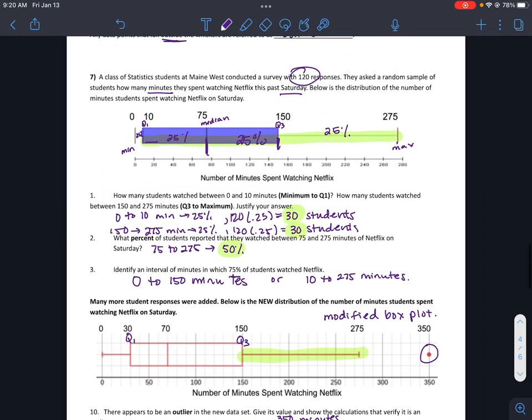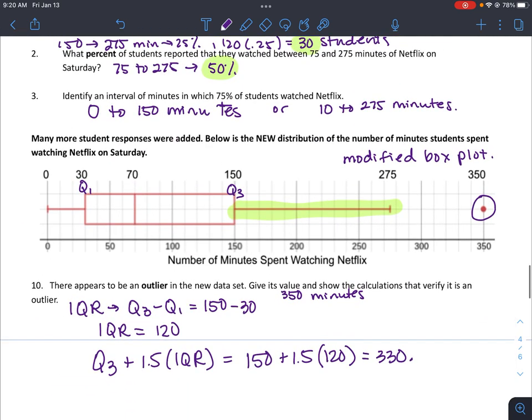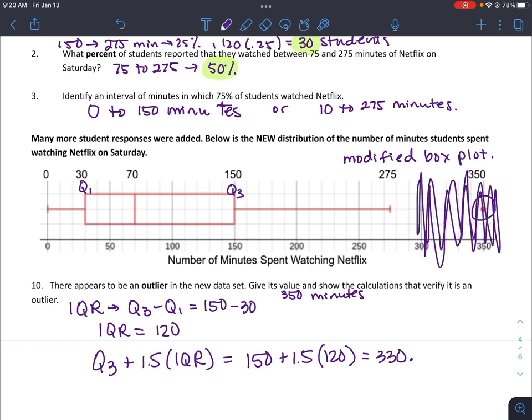Now let's see the max of the data. Our maximum of the original data didn't have all this on it, so we just looked at everything to the left. They added in this information, so we figured out that the acceptable range to not be an outlier is anything up to 330; an outlier starts above 330.